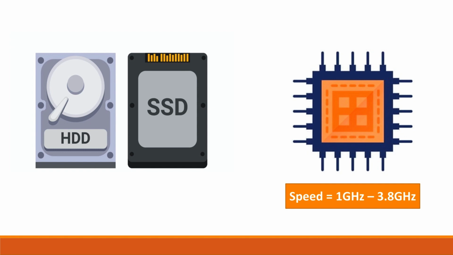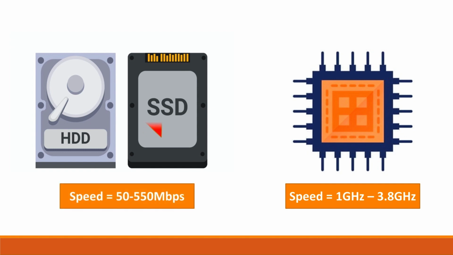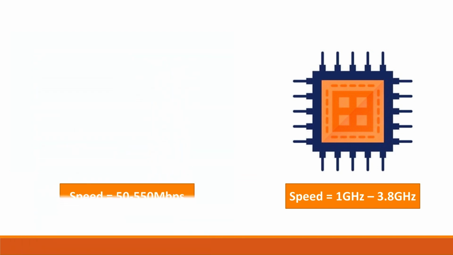Hard drives or nowadays SSDs are slow compared to the CPU, at around 80 to 160 Mbps for a hard drive and 200 to 550 Mbps for an SSD. So this speed is very low compared to the microprocessor. The microprocessor speed is around 1 GHz to 3.8 GHz. So now you can see how slow it is.